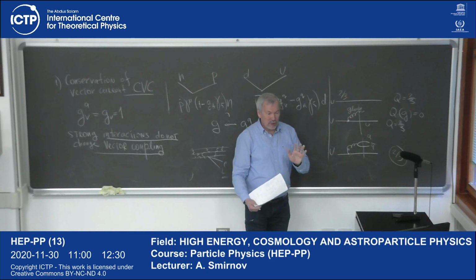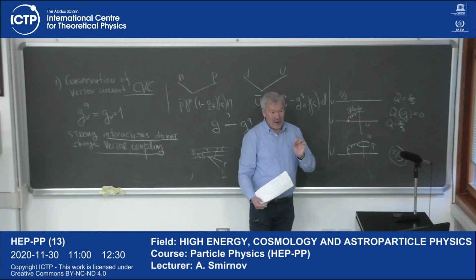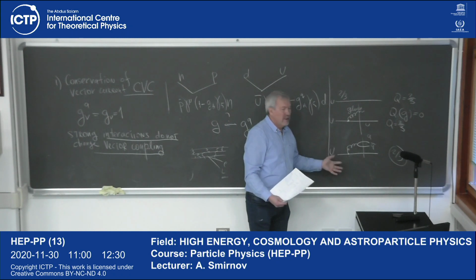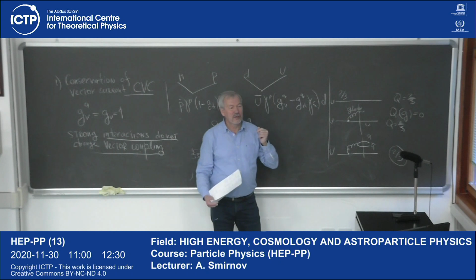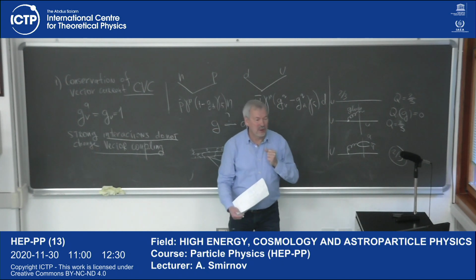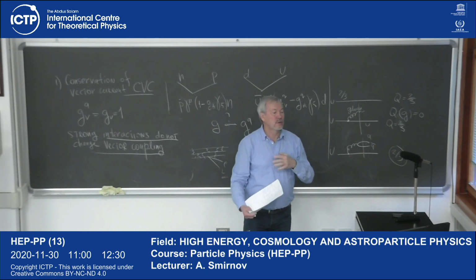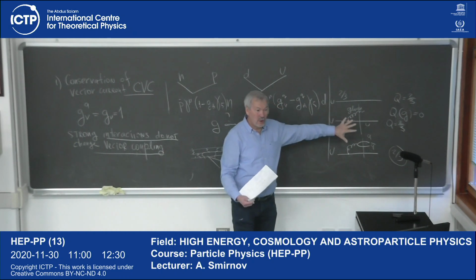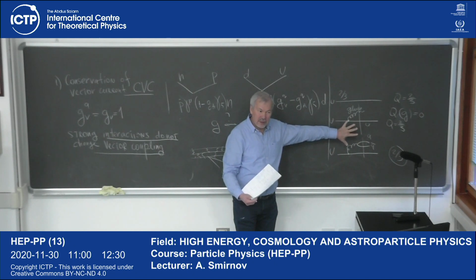And this is, again, because of conservation of electromagnetic current and electromagnetic charge. So electric charge is conserved, and as a consequence, strong interactions do not modify, or as we say, do not renormalize the charges. So this is for the case of electromagnetic interactions and electric charges.